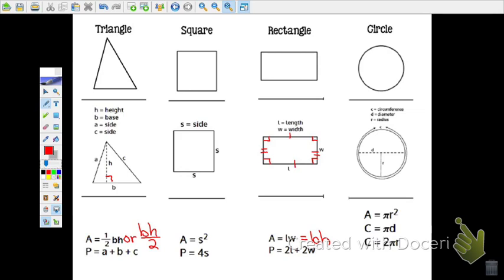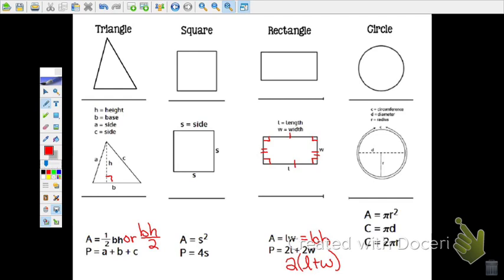So they just simplified it and wrote it 2L plus 2W. Another way that you could write that is to factor out that 2 and make it look like a distributive property problem. 2 times the quantity L plus W. Okay? So different ways that you can combine those sides. But essentially, you're still just adding the 4 sides together.